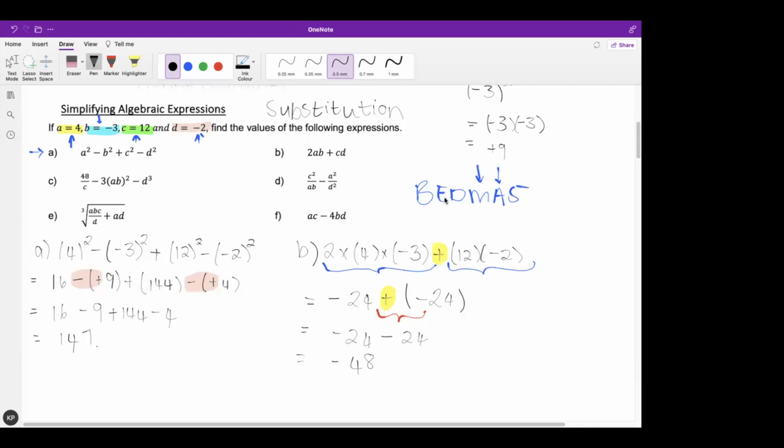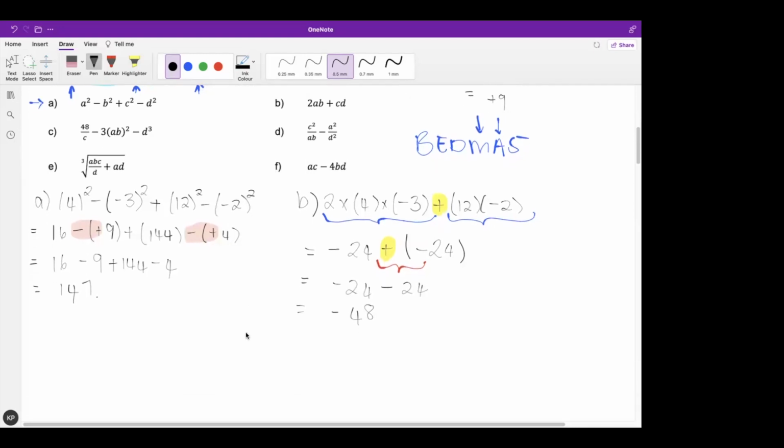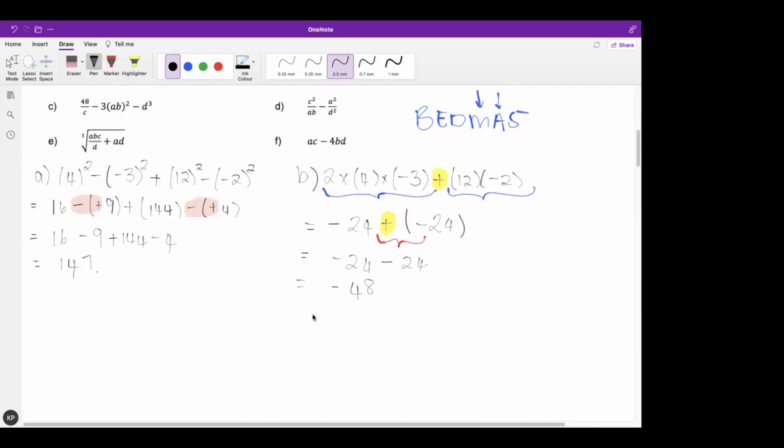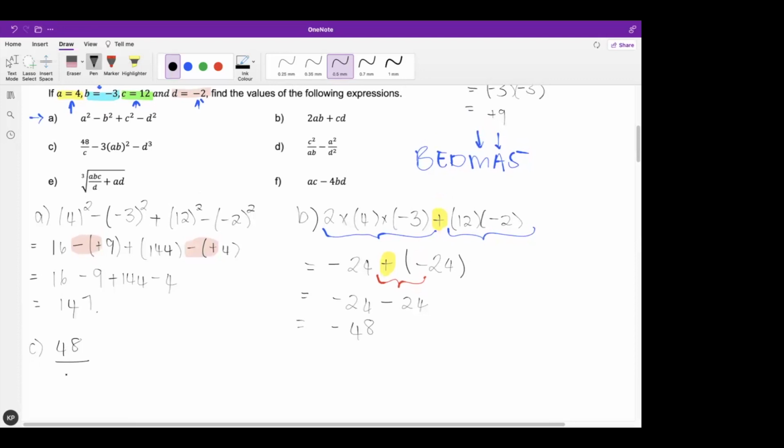Now let's do C. We're not going to do all of them, just enough for us to understand this concept of substitution, okay? C is 48 divided by, and to remind myself, C is 12, minus 3 times, okay, when you have 2 sets of brackets here, remember I said when you substitute, use brackets, then use different kinds.